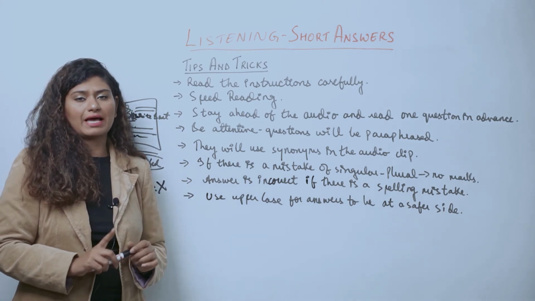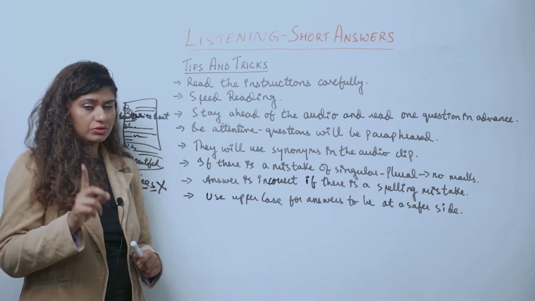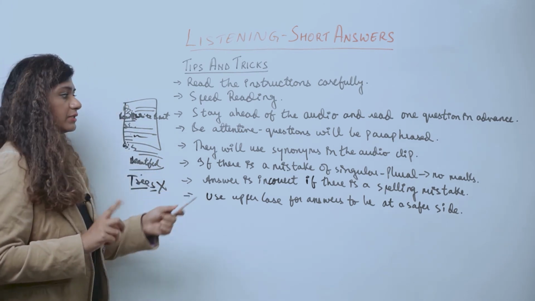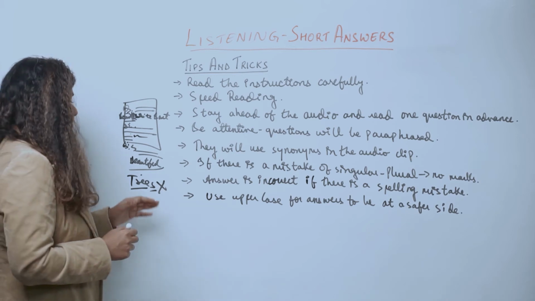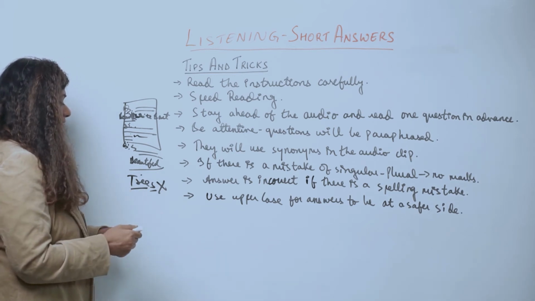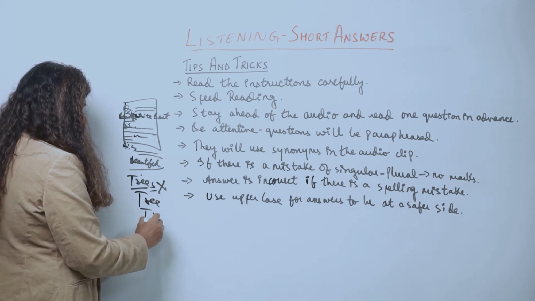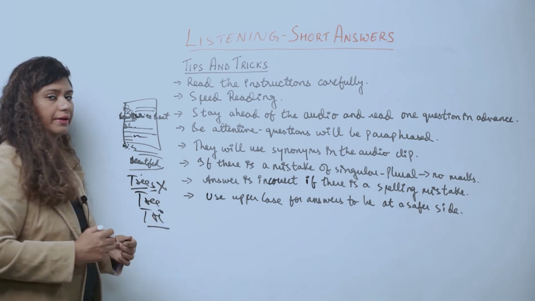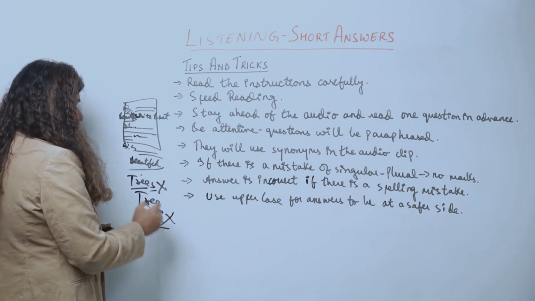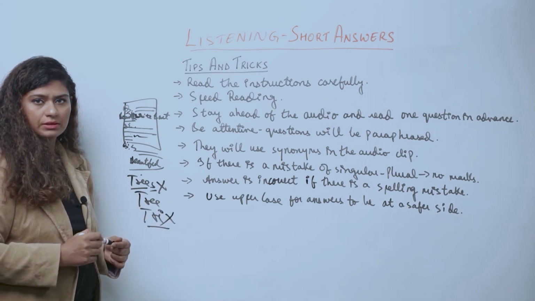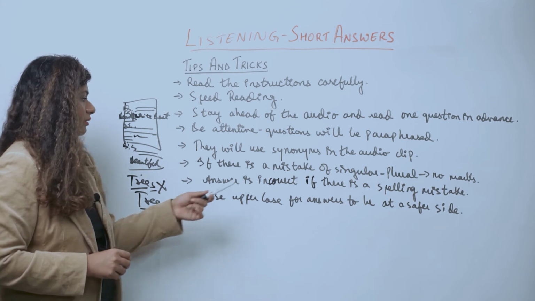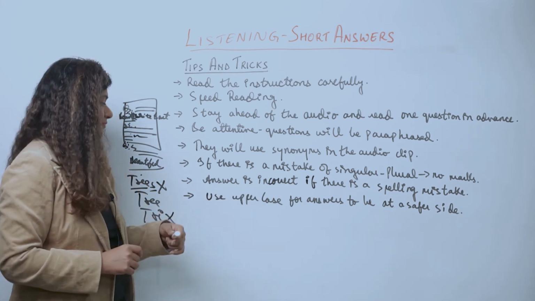So your spellings have to be really good enough and correct enough in order to get the correct answer. So if you make a, let's say for the same example, for tree, you write T-R-I, try. So in that case, no marks. Alright, so be very careful with your spellings.